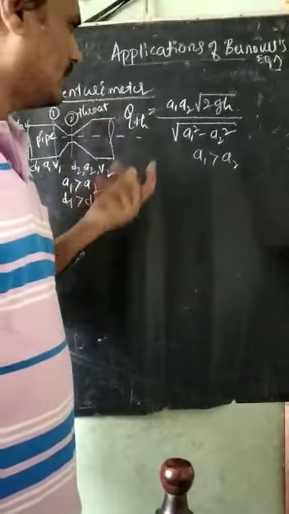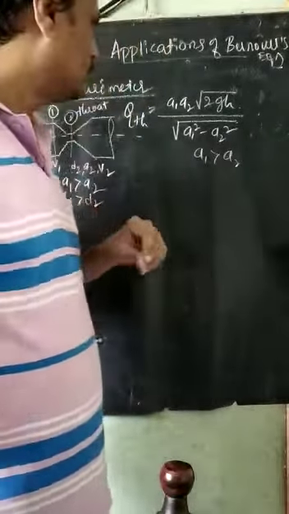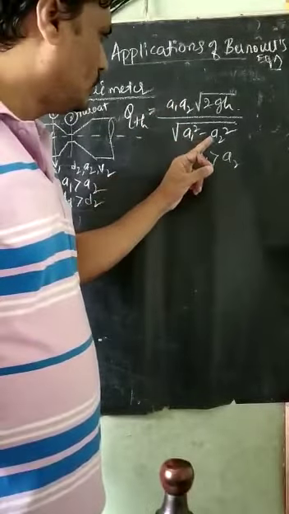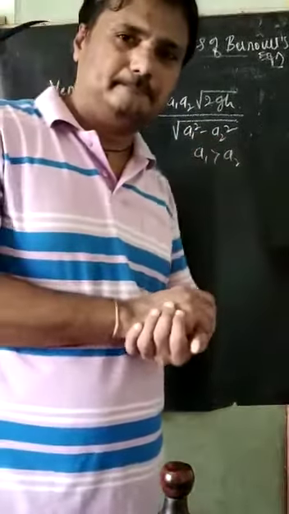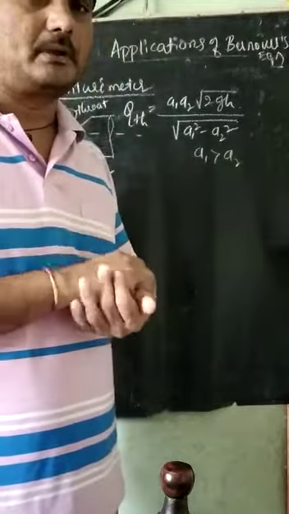So how do we use this to solve the numericals? A1 and a2 we can find very easily because these are geometrical parameters.